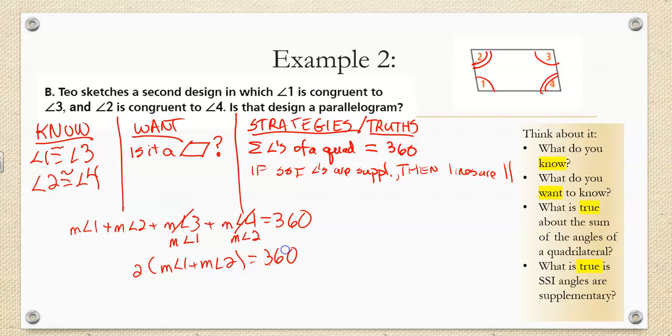And I can divide by simplifying. And I could say the measure angle 1 plus the measure angle 2 is 180. Well, that's kind of nice. I could also substitute, so 1 and 2 are 180. So if these are 180, then I have same side interior angles that are supplementary.